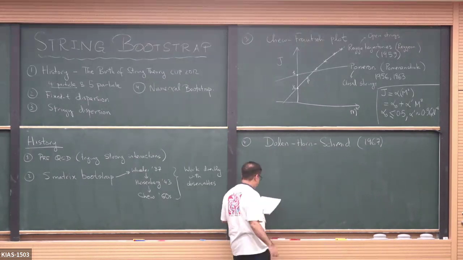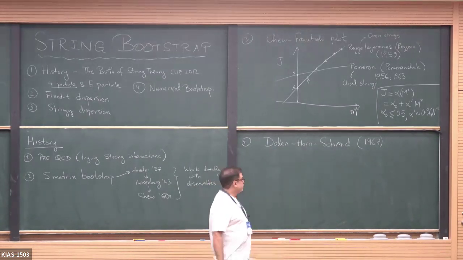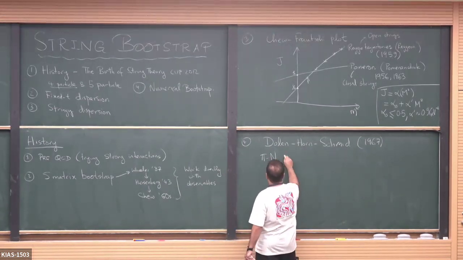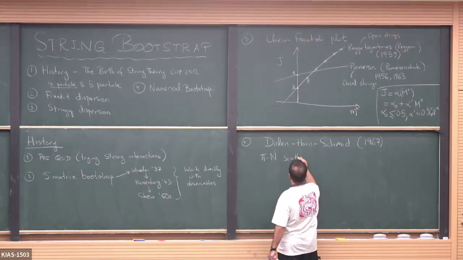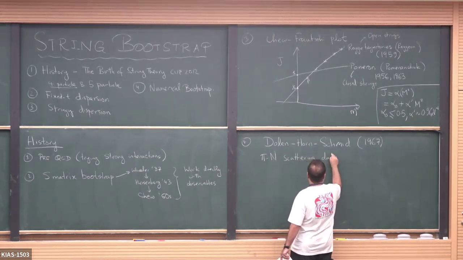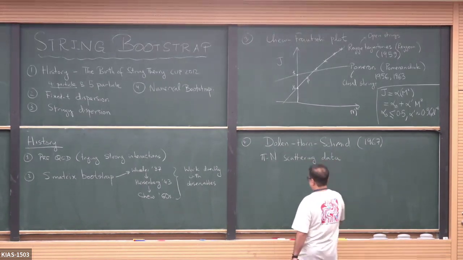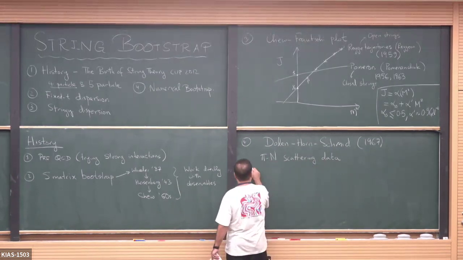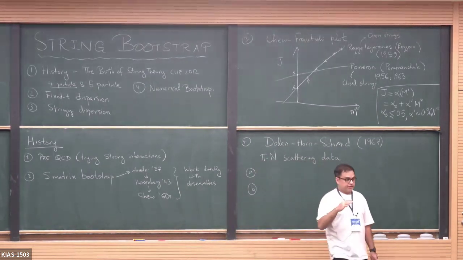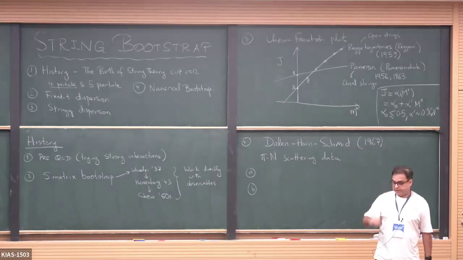Dolan, Horn, and Schmid were postdocs with Murray Gell-Mann, and what they were doing was trying to analyze pion nucleon scattering. So they looked at pion nucleon scattering data, and they made a couple of bold statements. Well, if you read the paper, then you will see that they were very reserved in their statements.